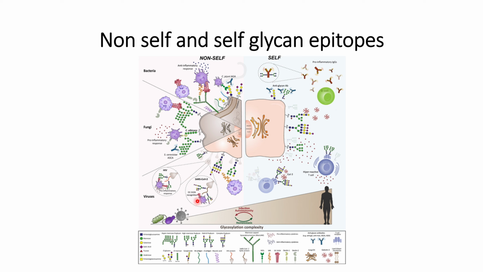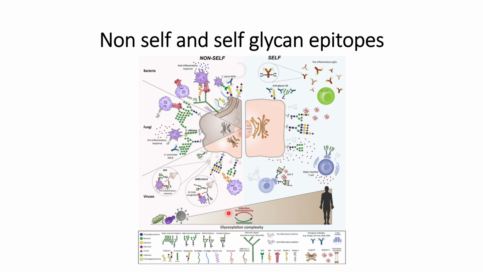So it is essential to detect this kind of non-self epitope at the point of infection, because at that time the replication of SARS-CoV-2 or other viruses might not be high, and they might not get enough opportunity to generate glycan epitopes similar to the host organism.